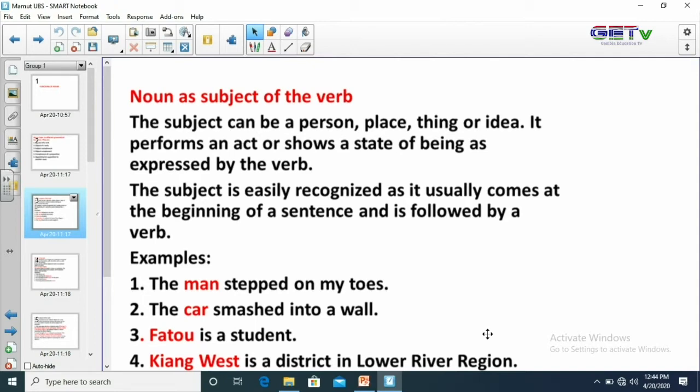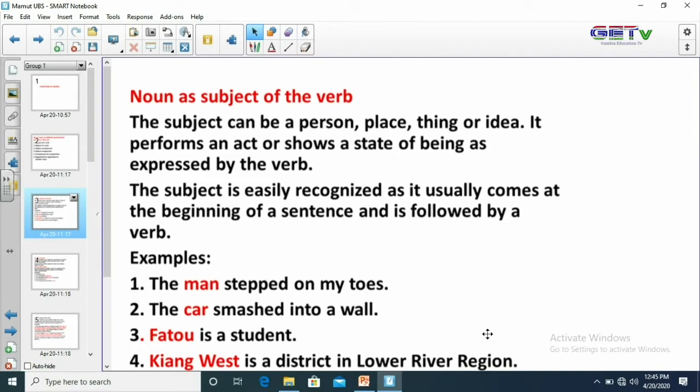So what is a subject? What do we mean when we say this is the subject of the sentence? We say the subject performs an act or shows a state of being as expressed by the verb. That means that in sentences, the subject either does something or shows a state of being.